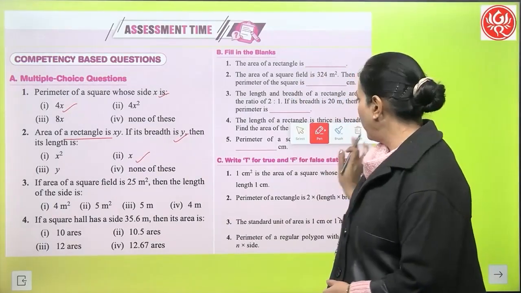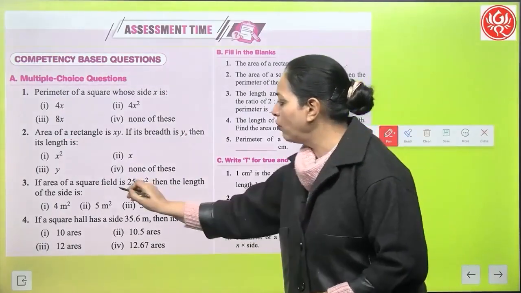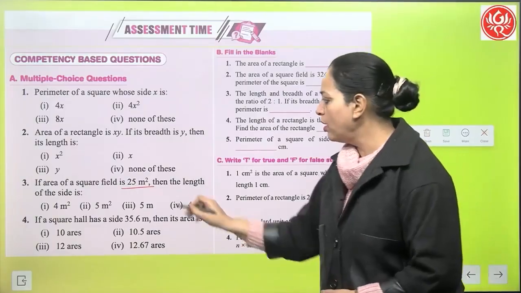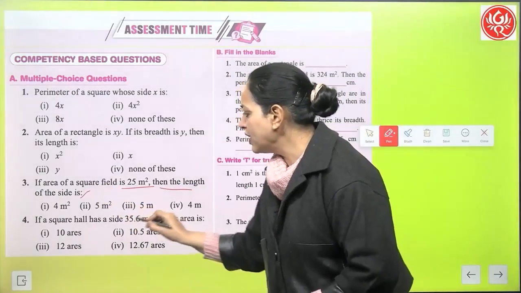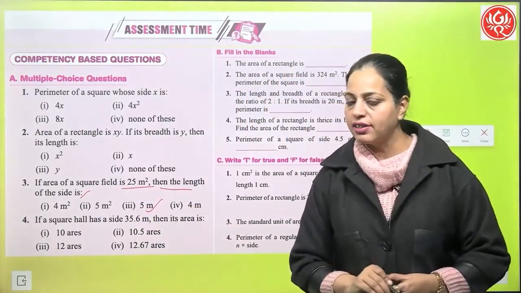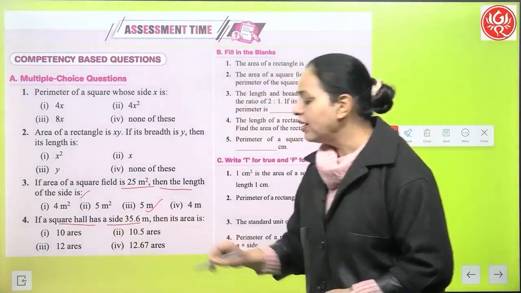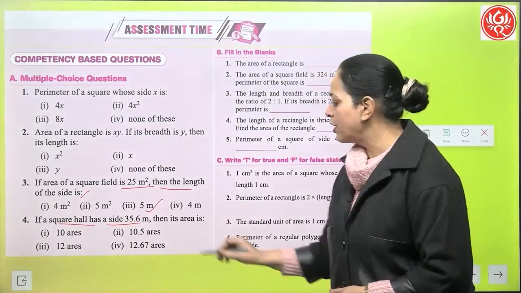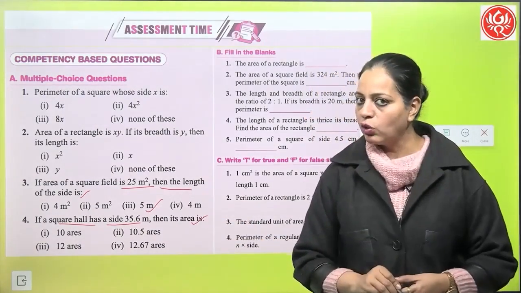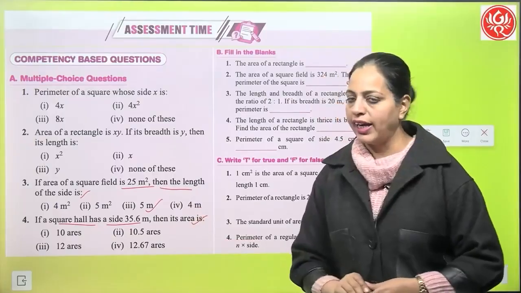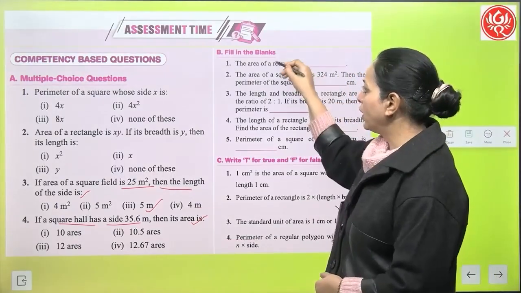Okay. The third one, if the area of a square field is 25 meter square, then the length of the side is 5 meter, right? Now the fourth one, if a square hall has a side 35.6 meter, then its area, can you calculate it? Side into side, right?